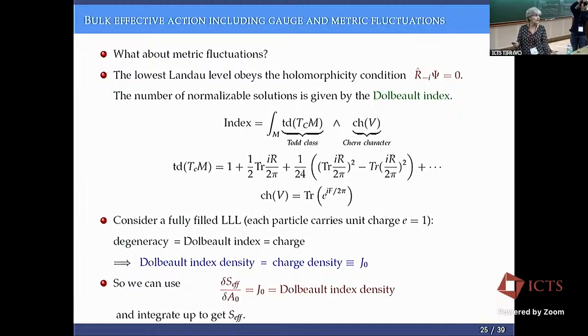Because the index is topologically invariant, a small perturbation in the integrand won't change that index. That's what I do. You see, I think you're modifying the geometry, but we can discuss that later. Thank you.